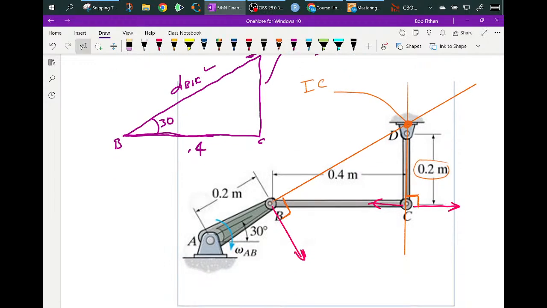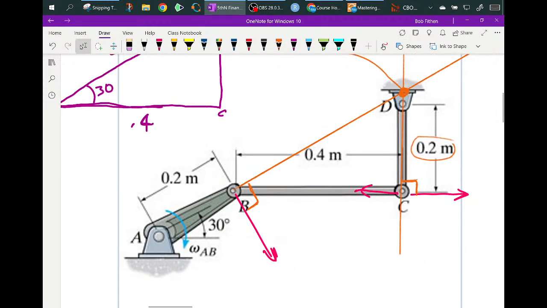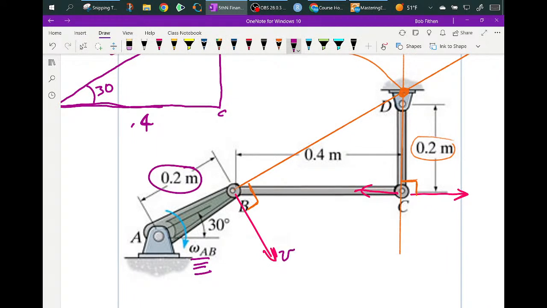Now that you have this, if you were given this value, you have that. So you can find the velocity here. V is equal to omega AB times your 0.2. Now, what's interesting is not only is B connected to this rigid link, it's also connected to that rigid link.